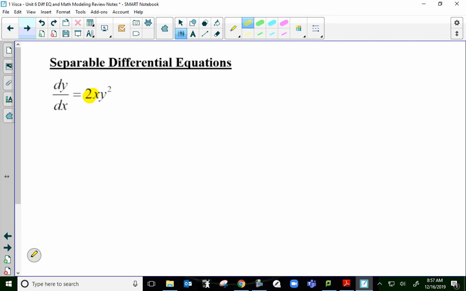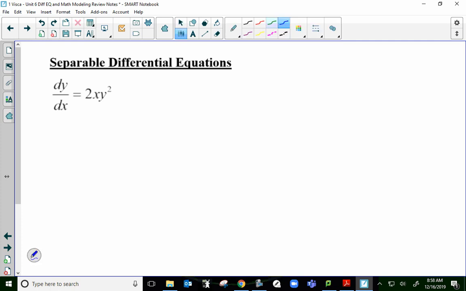I have x and a dummy variable dx. I also have a y variable, and I have a dummy variable for y. So I am going to isolate my y variable with my dy, and my x variable with dx. So let me do just that right now.